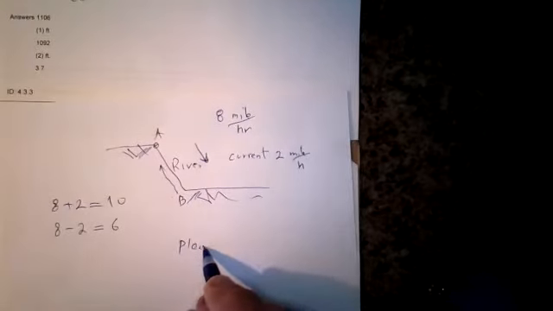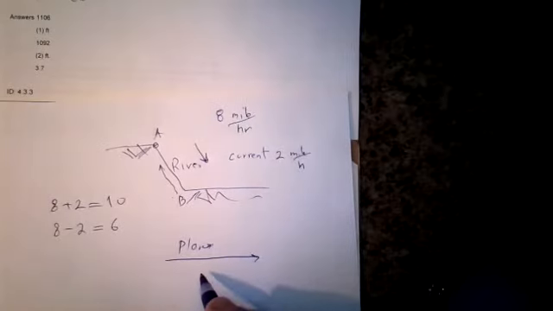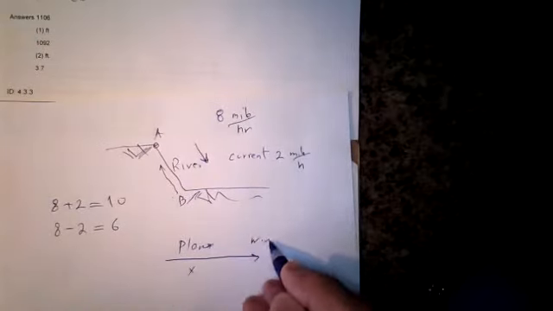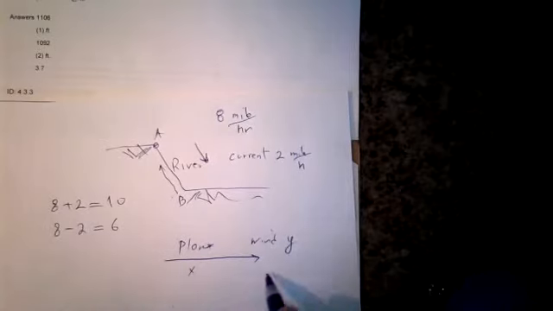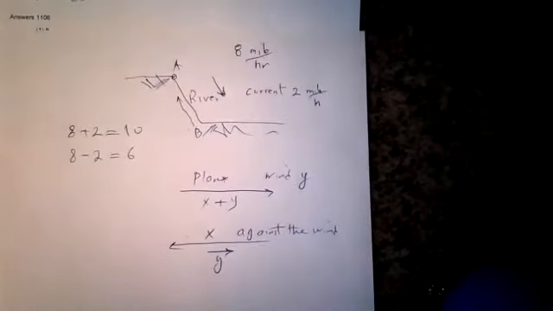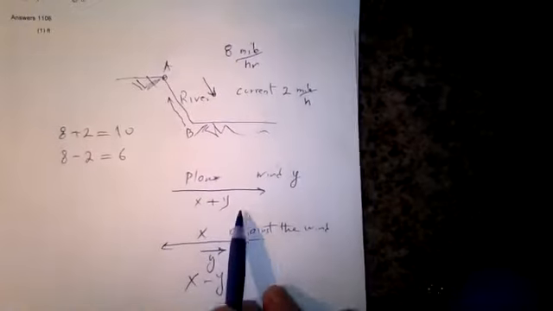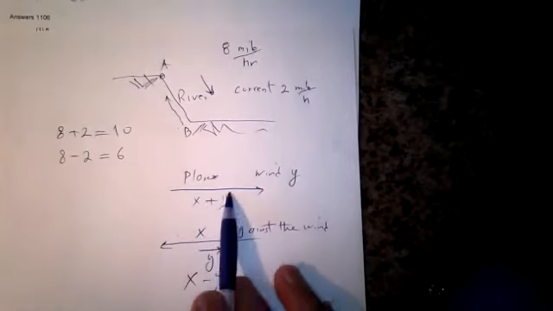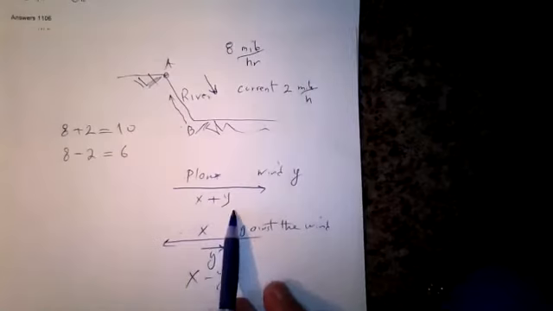The same idea also works for the plane. If the plane is X and the wind is Y, when you go with the wind, it goes faster, X plus Y, and when you go against the wind, it's X minus Y. So when you go with the wind, it is X plus Y, meaning the speed of the plane plus the speed of the wind, or the rate of the plane plus the rate of the wind.